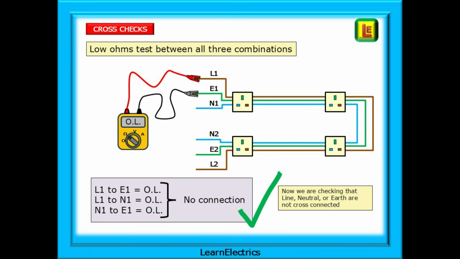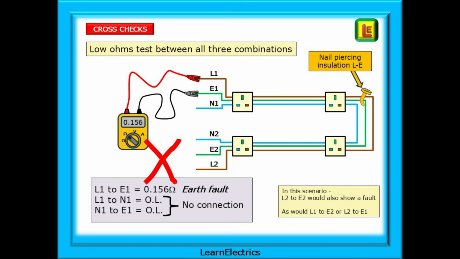We are checking that line, neutral or earth are not cross-connected, and we should therefore have readings of L1 to E1 is OL, L1 to N1 is OL, and N1 to E1 is also OL. Because we've already proved continuity, there is no need to cross-check between the number 2 conductors.